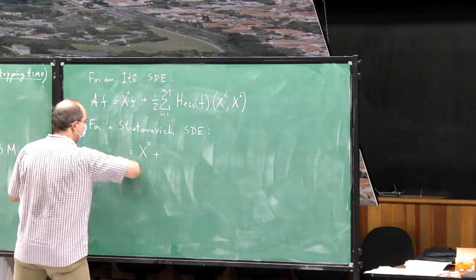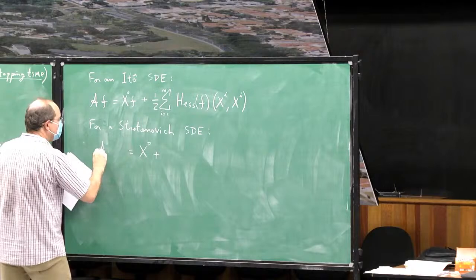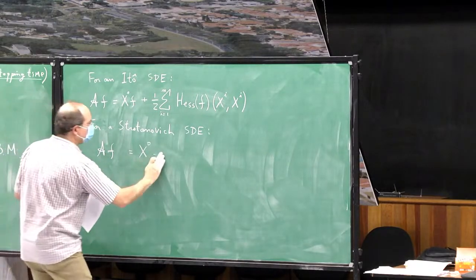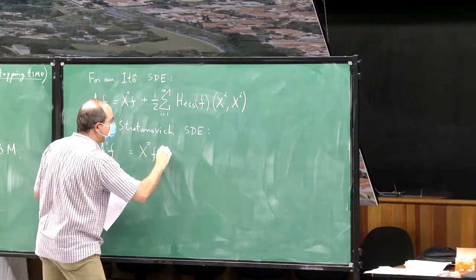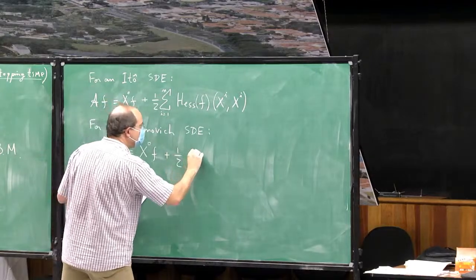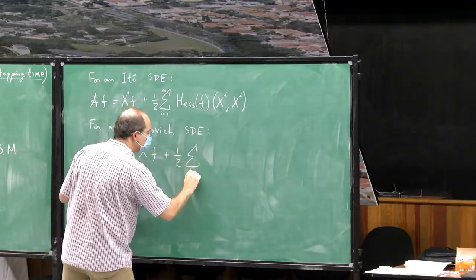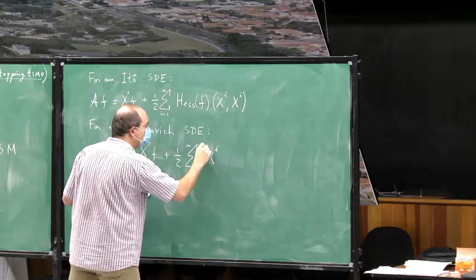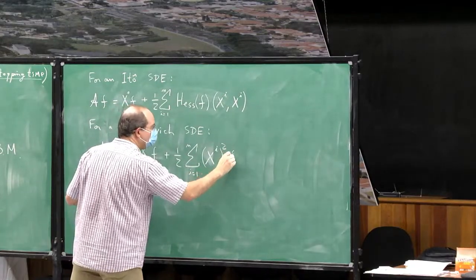And here is A of f at a certain point x equals X naught f plus half this sum from i to n of X_i squared applied to f.